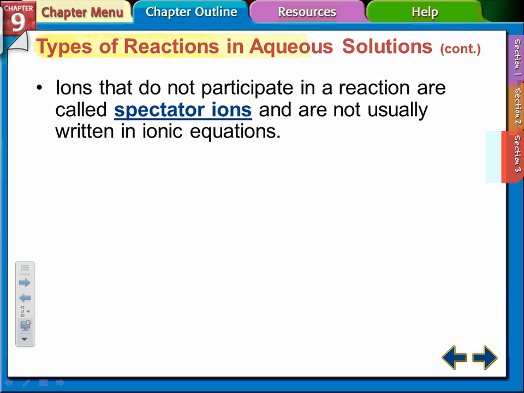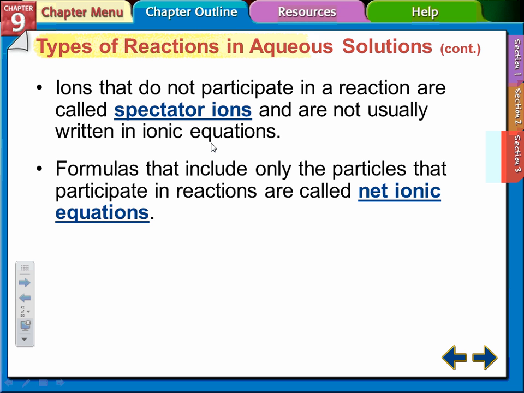Okay, so we separate the ions in these reactions into ions that actually take part in the reaction, and the other ones are called spectator ions. So in that last example, the spectator ions were the sodium and the chlorine.